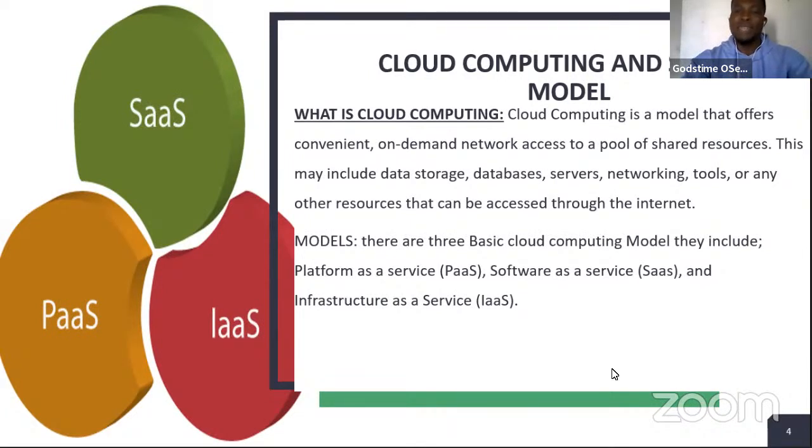And then these services are made available on demand in the sense that you can access them whenever you want. When you don't want to access them, you just stop or deallocate or terminate your environment, and then you stop paying for those services.